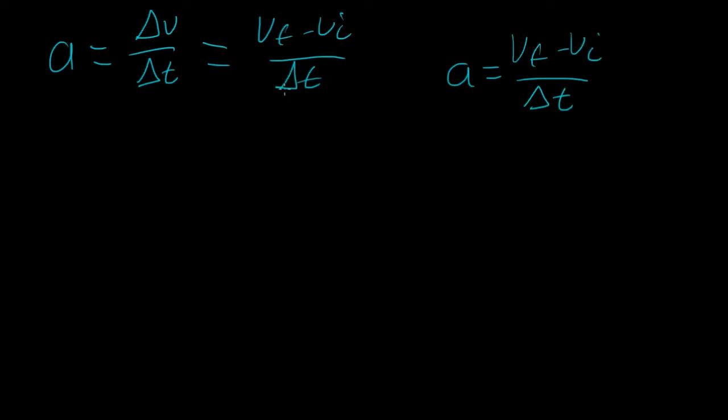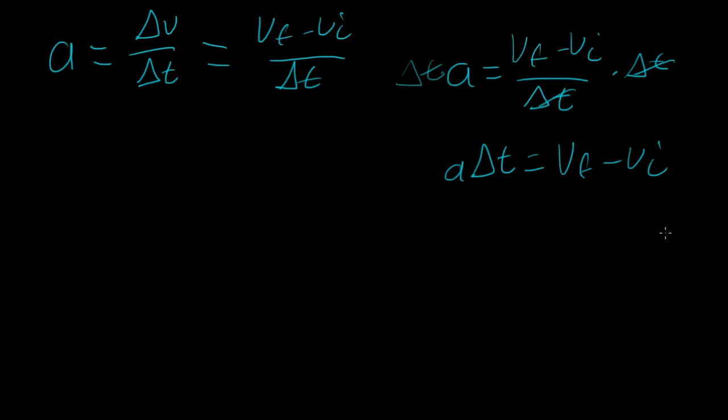We'll keep it as delta t, just because that's what we've done so far. If we multiply both sides of this equation by delta t, it cancels over here, and we end up with a delta t equals Vf minus Vi.